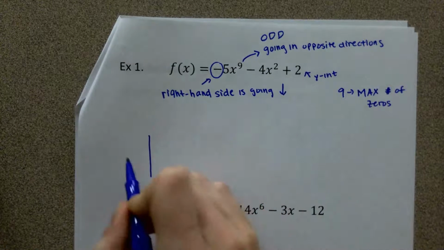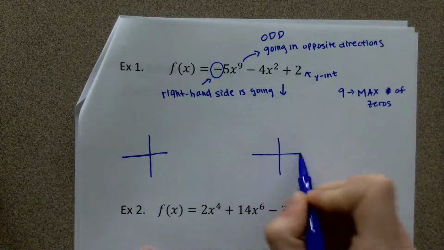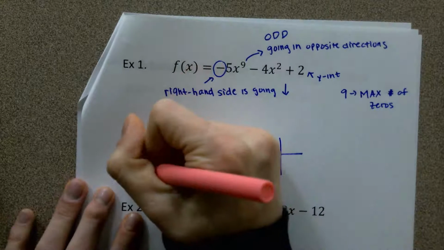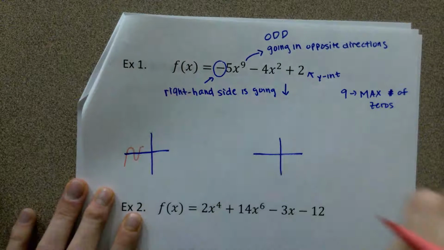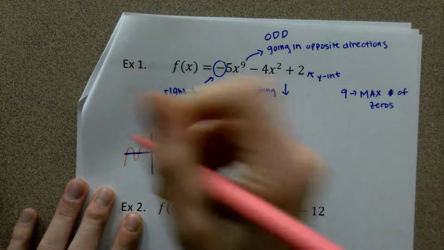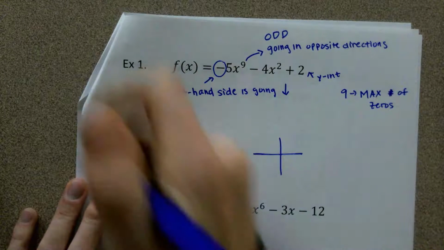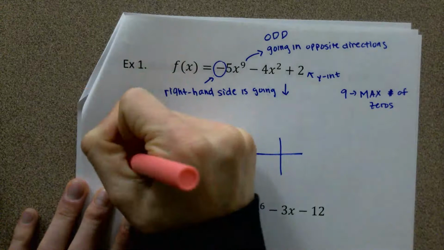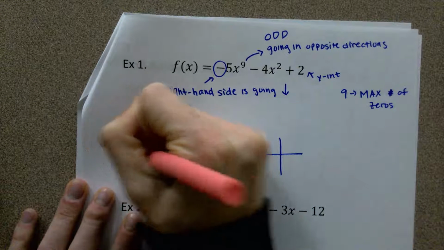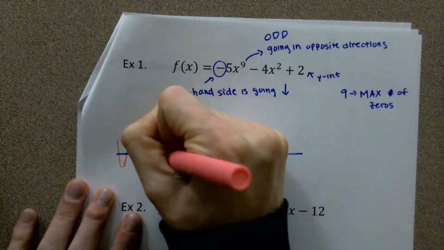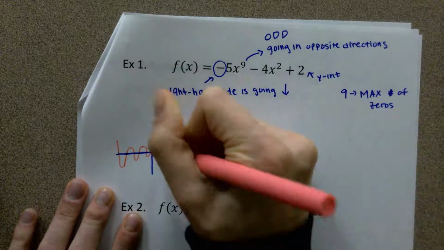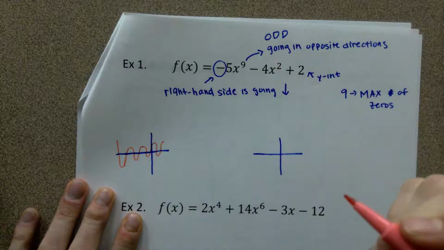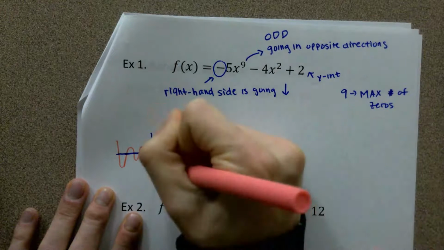So we can either have a graph that, let's see, let's extend this a little bit. 1, 2, 3, 4, 5, 6, 7, 8.